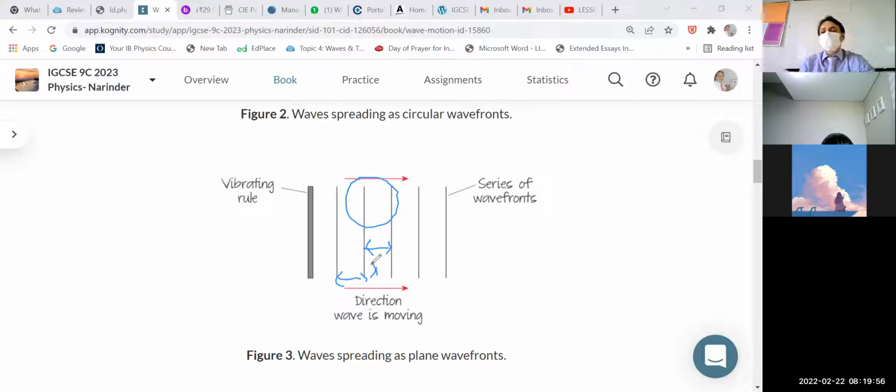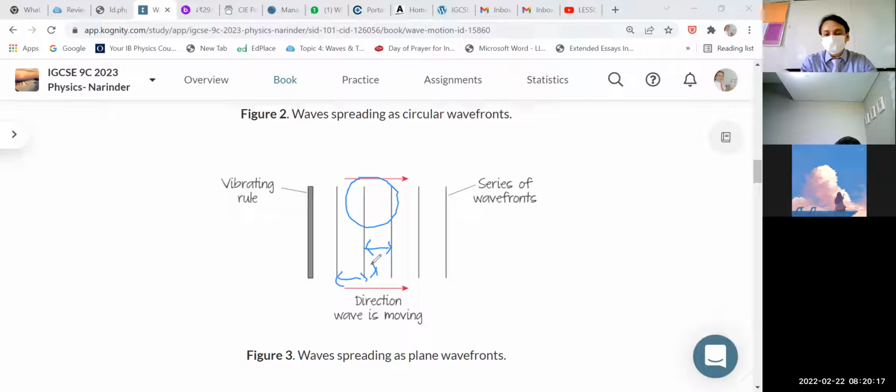In the previous diagram, we have seen that by joining the crests, you can form the wavefront, and you can also form it by joining the troughs. If you join all the troughs of a wave, you will also get a wavefront. But again, the distance between two consecutive crests or two consecutive troughs will give you a length that is called the wavelength of a wave.